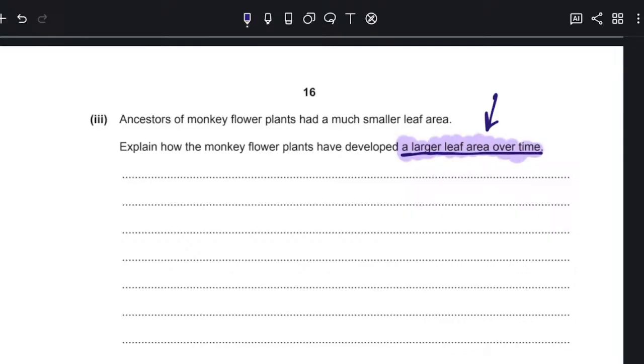Where does this happen? If you answer this, you get an extra 5 marks for your assignment. Where does this happen, when the advantageous characteristic becomes more common? Yes, well done. In natural selection.